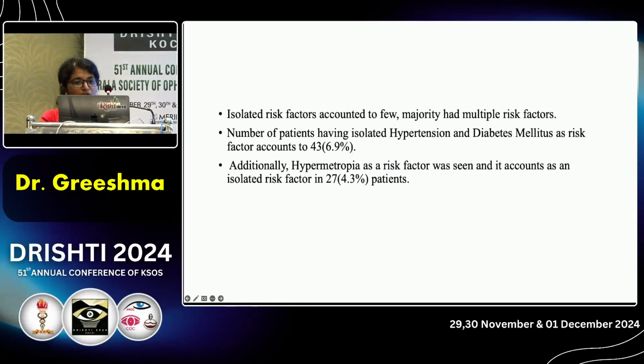Isolated risk factors accounted to few. Majority had multiple risk factors. The number of patients having isolated hypertension and diabetes mellitus as risk factors accounted to 6.9%. And additionally, hypermetropia as a risk factor was seen in 4.3% of the patients, and mostly it was seen in younger population, that is group B.